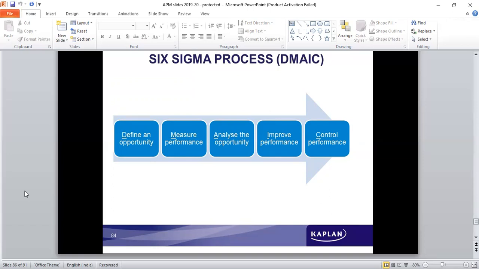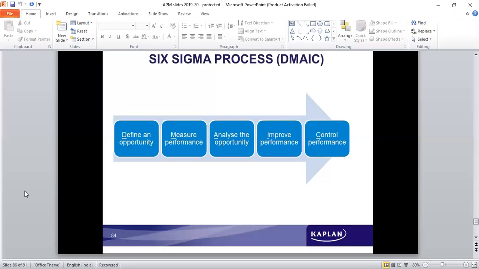So until now, what is the performance? Measure the performance till that point of time when they have identified an opportunity. After measuring the performance, analyze the opportunity. Analyze how it is possible for them to implement whatever they want to implement. After analyzing that, they implement the strategy and see whether there is any improvement in performance.